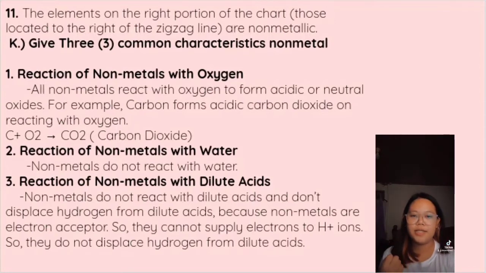Reaction of non-metals with water. Non-metals do not react with water. 3. Reaction of non-metals with dilute acids. Non-metals do not react with dilute acids and don't displace hydrogen from dilute acids because non-metals are electron acceptors, so they cannot supply electrons to H plus ions.